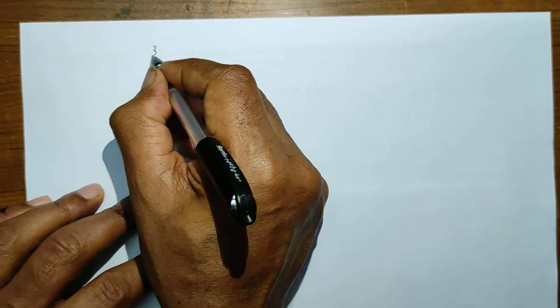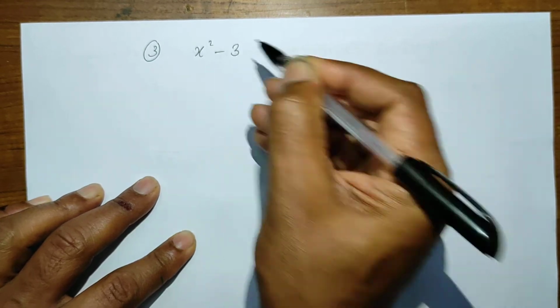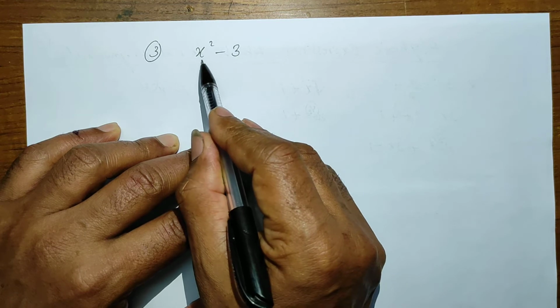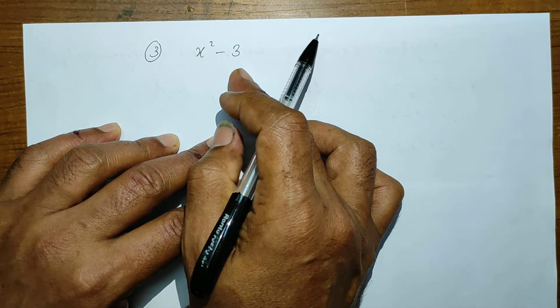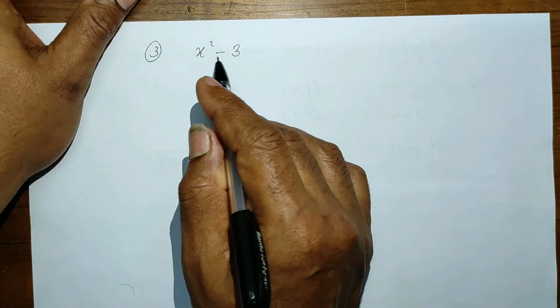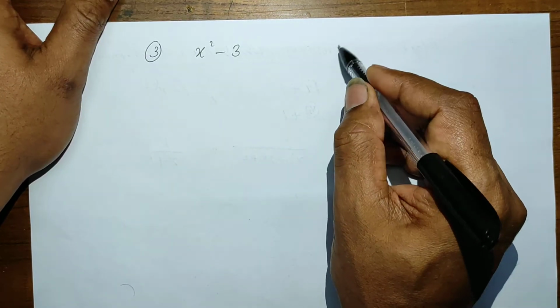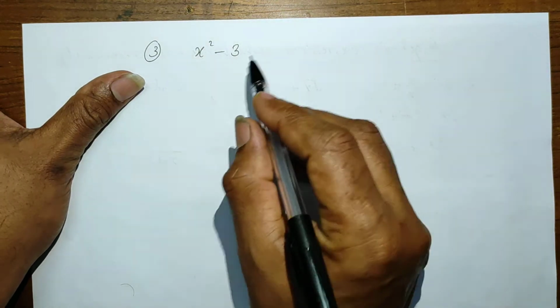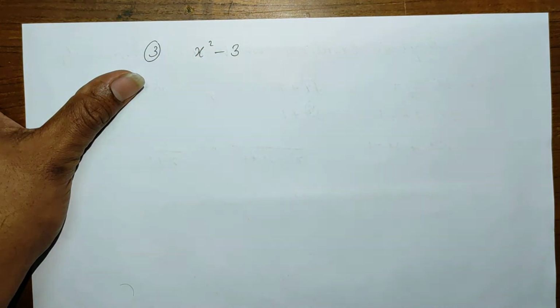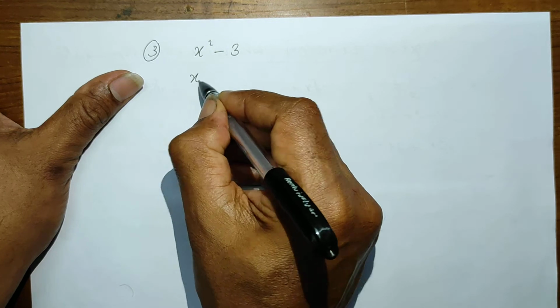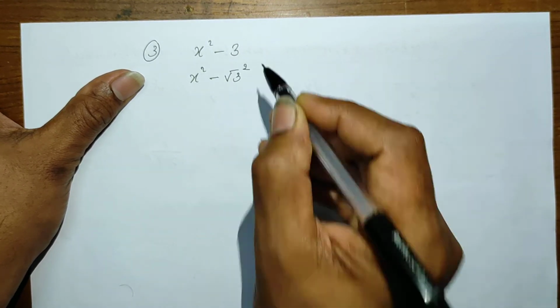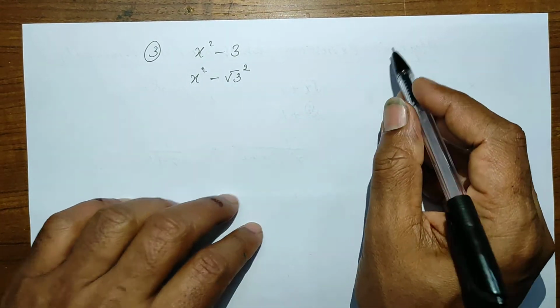Okay. Now, let me consider another example. x square minus 3. Here we can't use the splitting the middle term method because it is not in the standard form ax square plus bx plus c. You have to use identities. We can write the same expression as x square minus root 3 square.